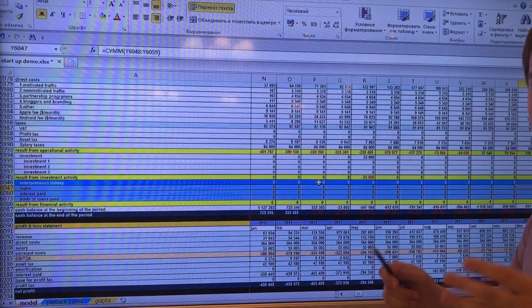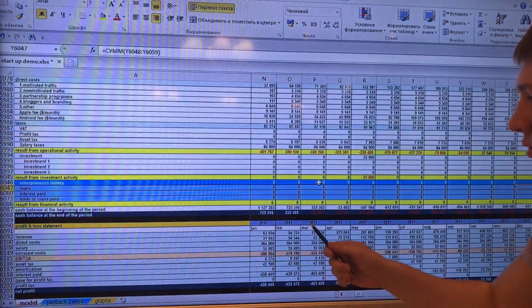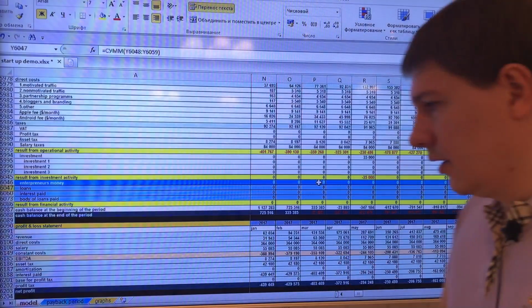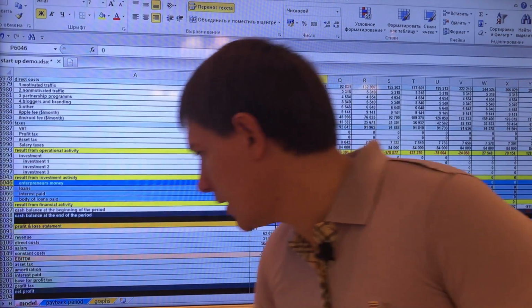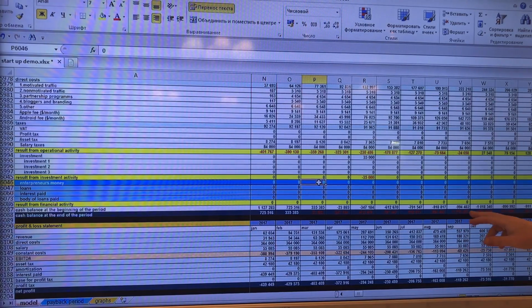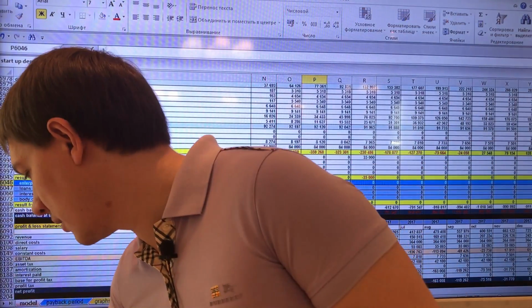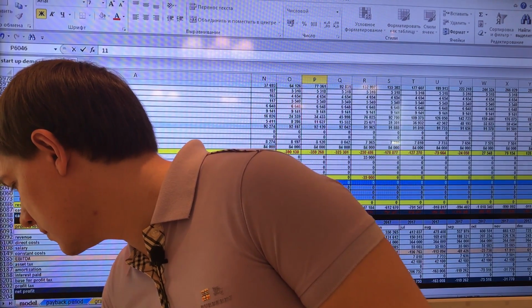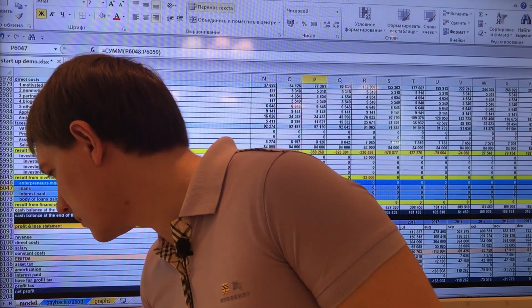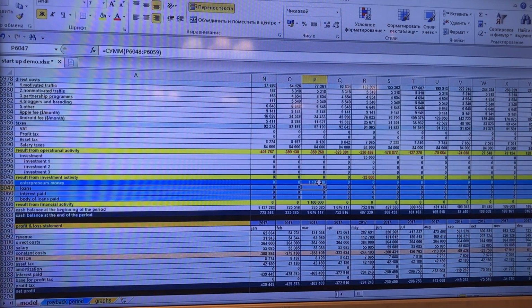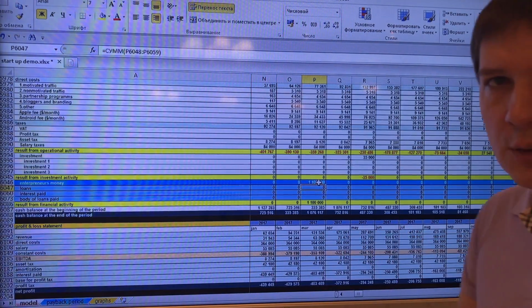Also, if you make yearly projections, you also won't see this negative cash balance. And here you can add additional money. For example, we see that we need additional $1,100,000. And we have now positive cash flow at the end of a period during our timeline.